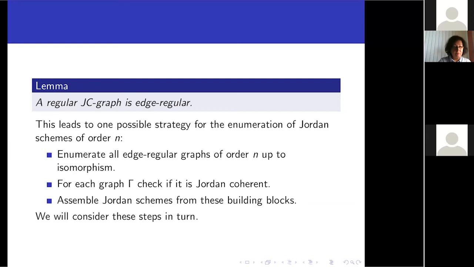And once we have all these Jordan coherent graphs, we know we have, up to isomorphism, all the basis graphs that we need. And so we need to put them together to form Jordan schemes. Okay, so we can look at these various steps one by one.